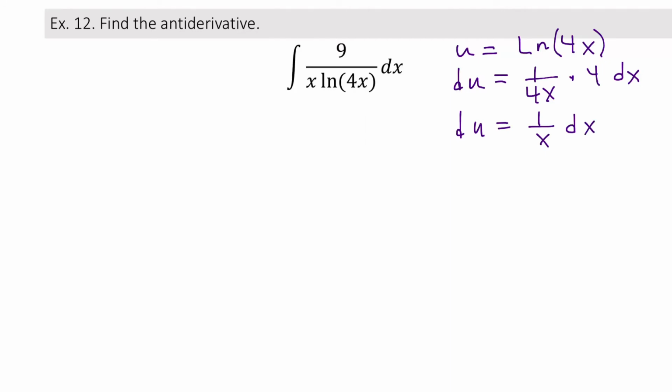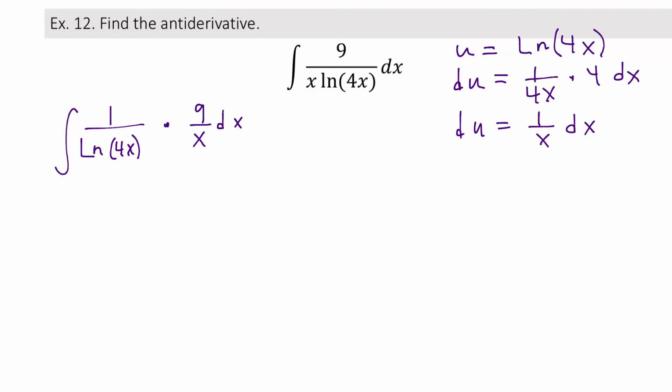Right, now let's look at the integral here and see how we can split it up. So what if we took 1 over the natural log of 4x and then put the 9 over x dx together?